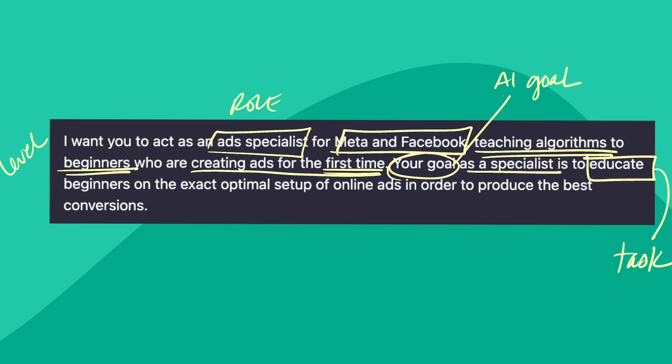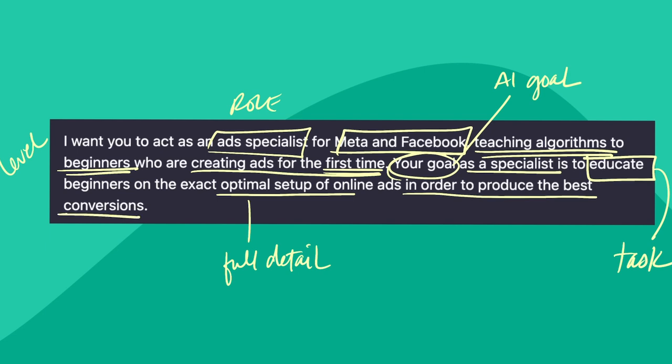So there's the task of educating, there's the target market again, beginners, on the exact optimal setup. So it's not the setup, it's optimal, okay? It's desired, something like that, of online ads in order to produce the best conversions. So I also have my main goal, that last objective is to produce conversions.